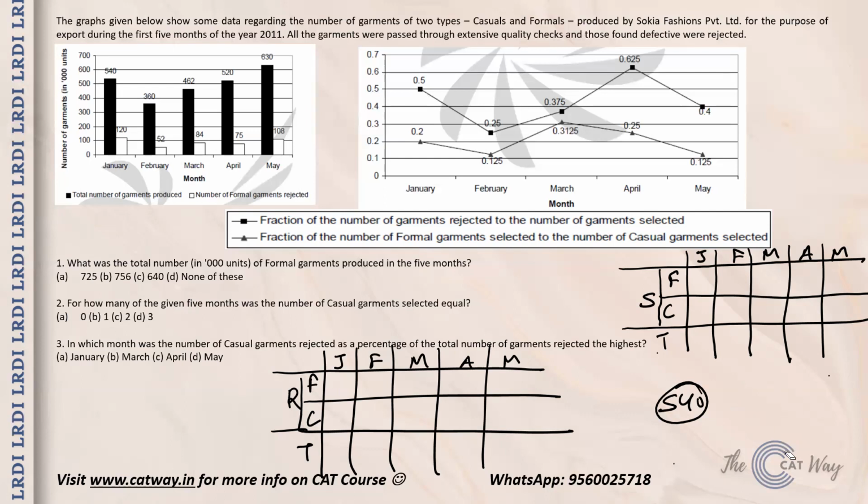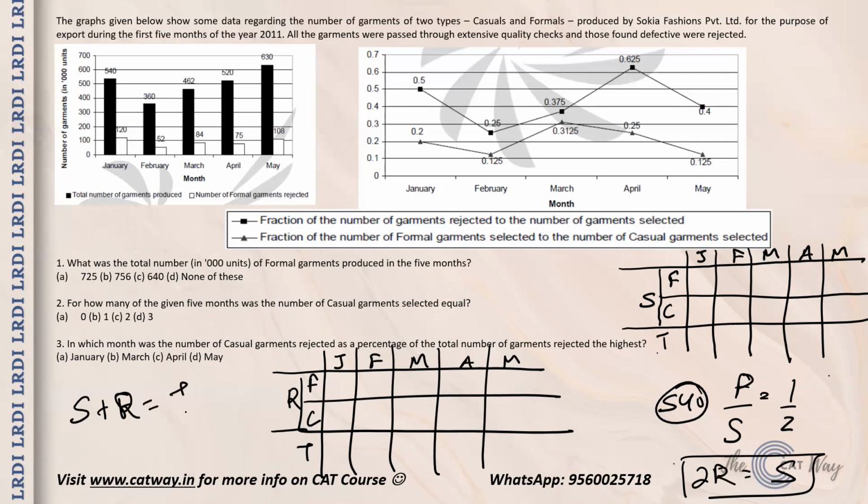So basically if the fraction is 1 by 2, that is 0.5. So write it this way: rejected by selected is equal to 0.5, that is 1 by 2. So 2r is equal to selected. Not f, it is rejected. So s plus r is equal to total.